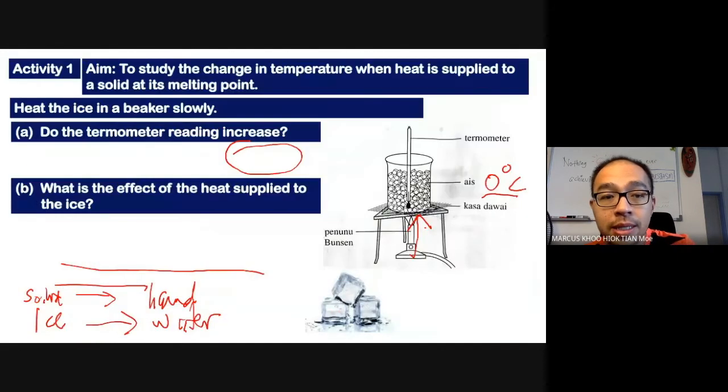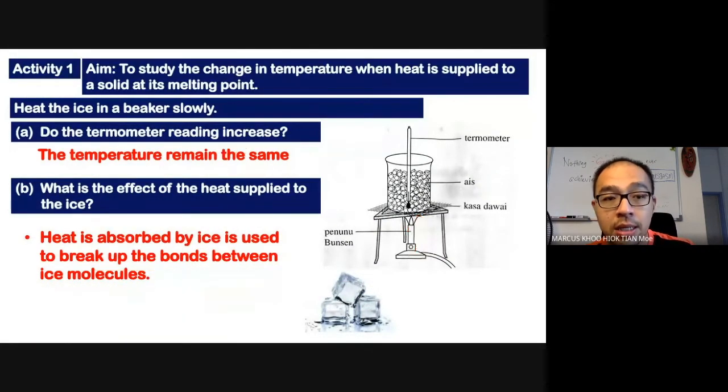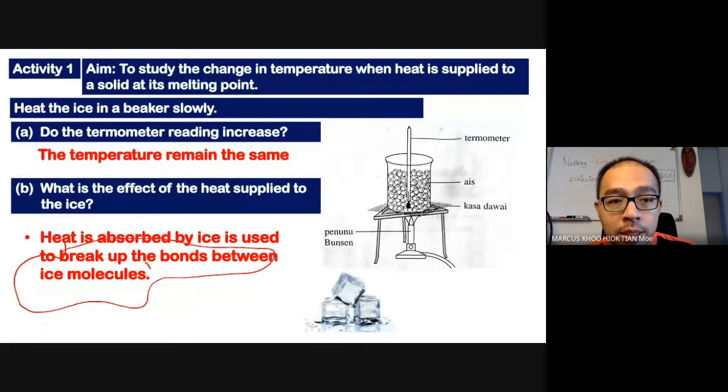Okay, that's why this sentence over here is very important. The heat absorbed by the ice is used to break up the bonds between the ice molecules. Okay, put a star over here and write down that's why there is no temperature change.